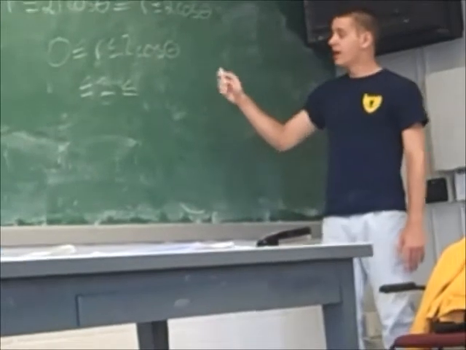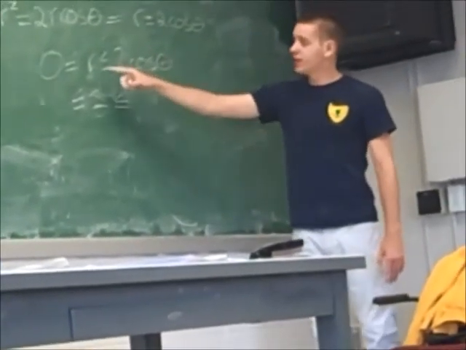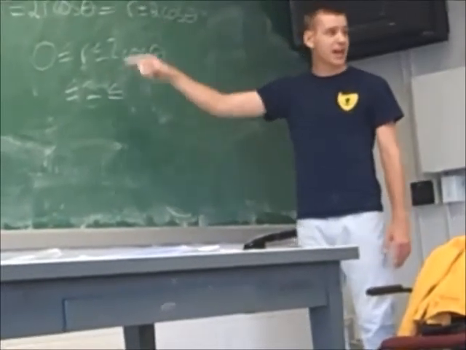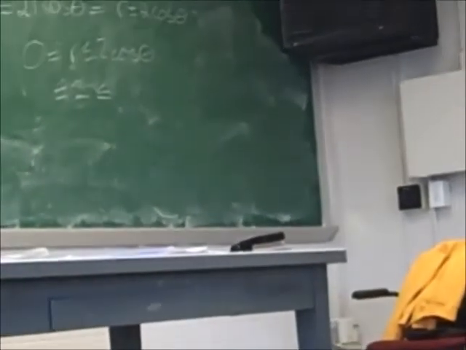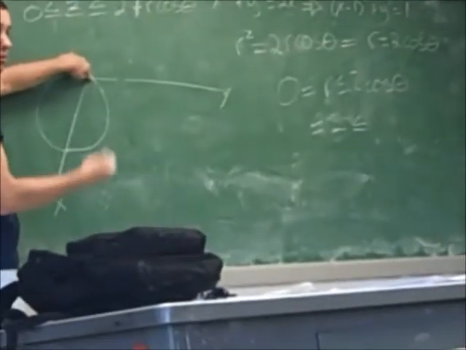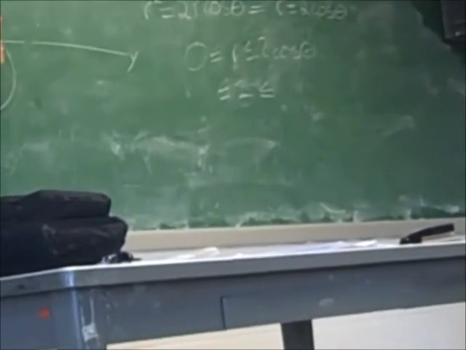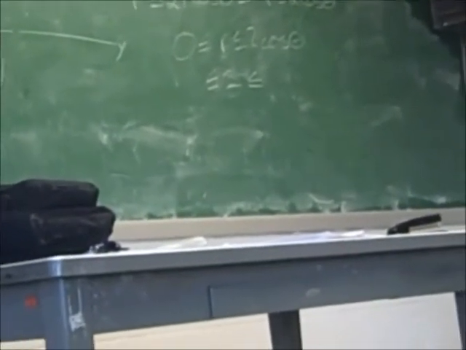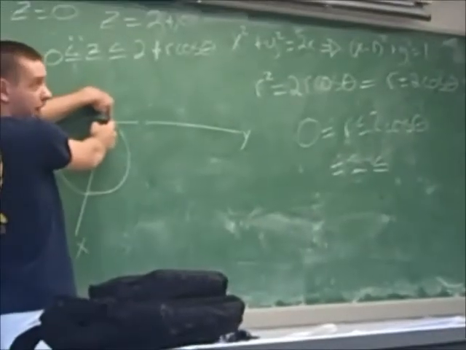I like to think of it as what values of theta get me one rotation for r to start at 0 and get back to 0. Because we know r starts at 0 and gets back to 0, and r equals 2 cosine theta gives me this circle as theta goes. So theta goes from something to something, and it gives me this circle. Well, we know it starts at 0 and ends at 0. So where does cosine start at 0, and where does cosine end at 0? Yep, negative pi halves to pi halves.